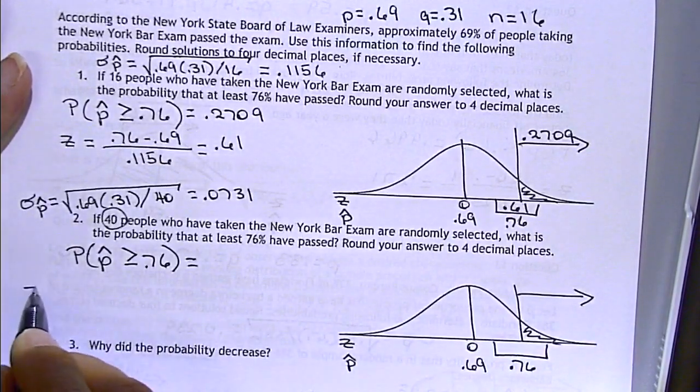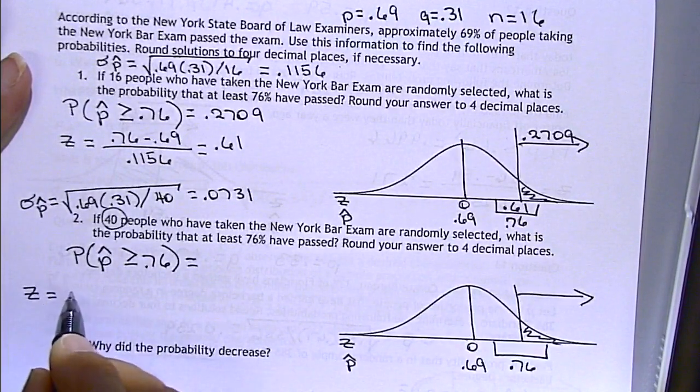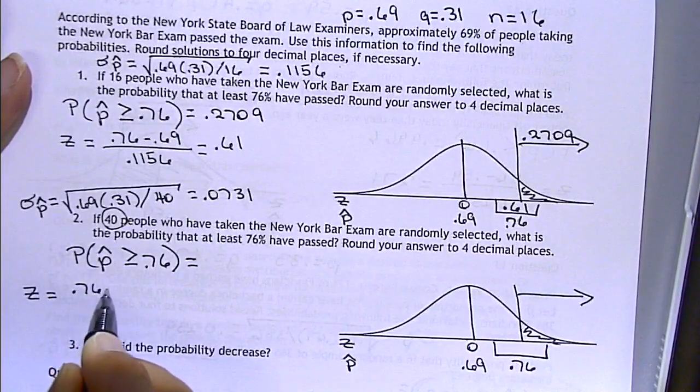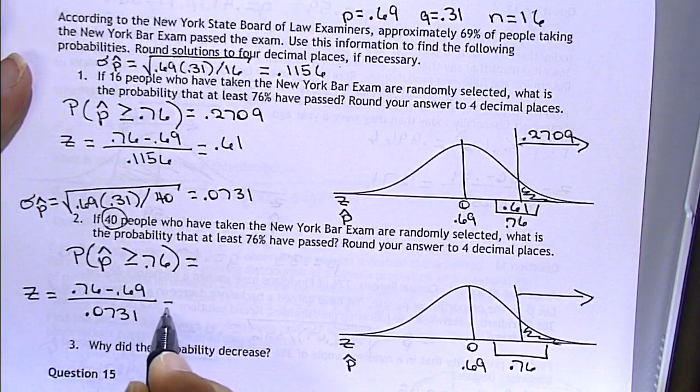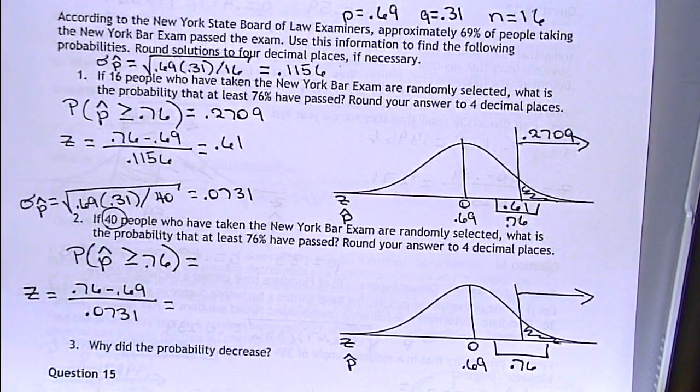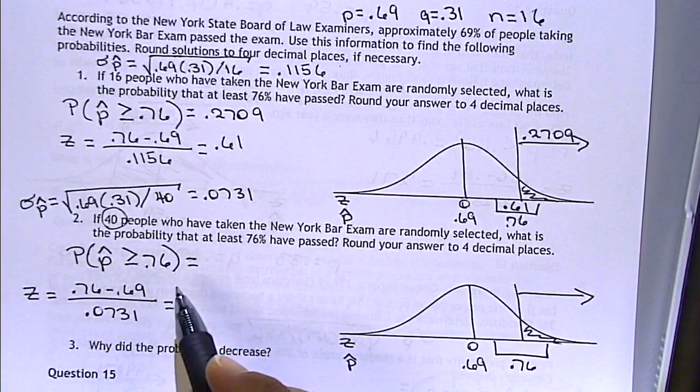But z is now equal to 0.76 minus 0.69 divided by a totally different standard deviation. The standard deviation is decidedly what? Smaller, isn't it? Yeah.